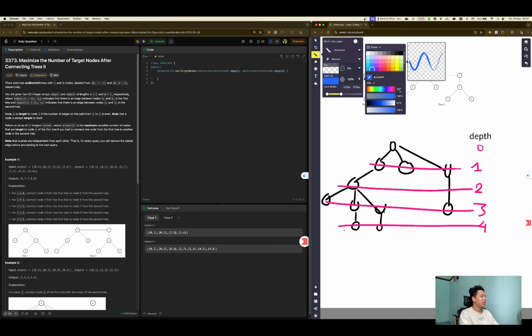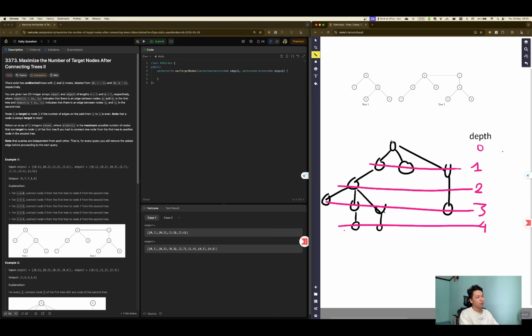Now you can see the total answer for the first node is these nodes on even depth. Do you see this one and this one? So we have one, two, three, four. The answer is four.